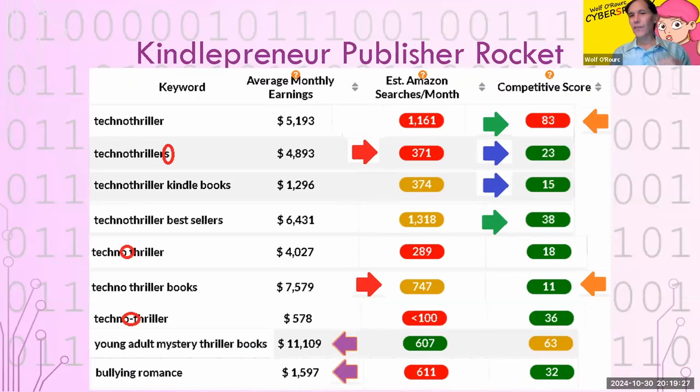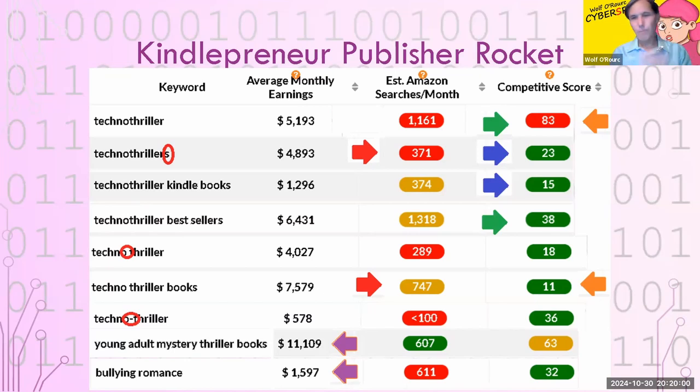But if there are so many books in that category, with a lot of really high selling books that you have no chance of showing up on the first 3 pages of the results, what's the point? If you look at the blue arrows, if the searches per month are roughly the same, lower competition wins.